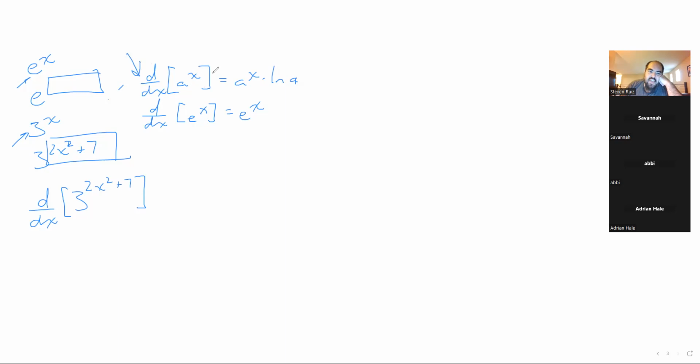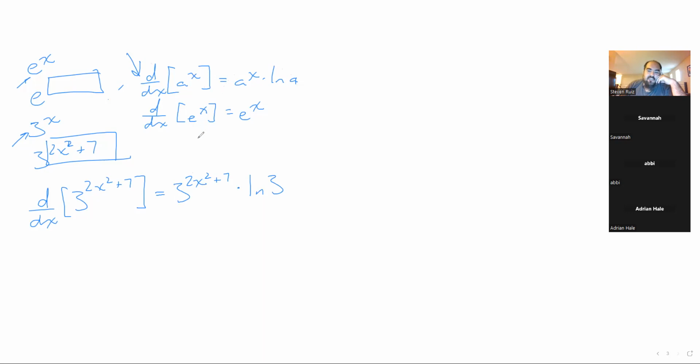I know the derivative of a to the x is equal to a to the x times the natural log of a. So the derivative of this is going to be 3 to the 2x squared plus 7 times the natural log of 3. We're not done, but I know my derivative contains that because that's what this rule says.